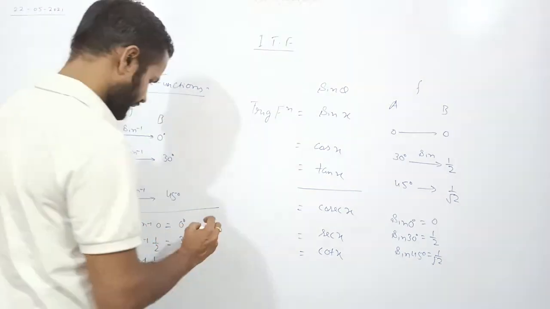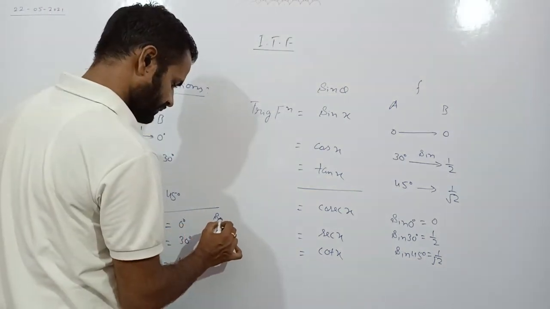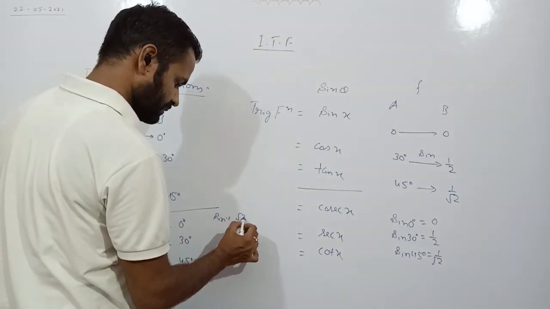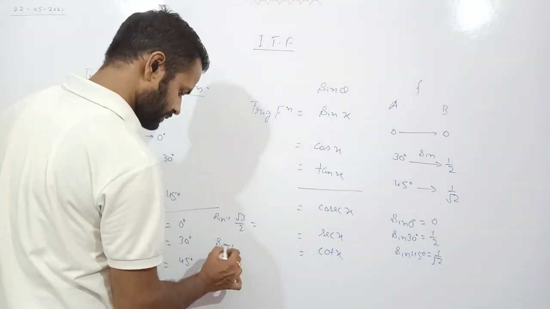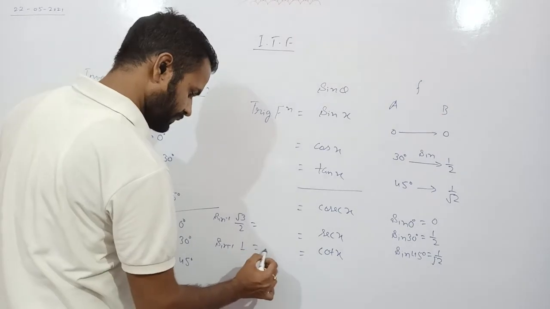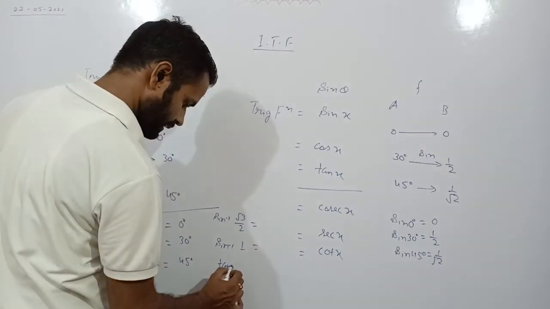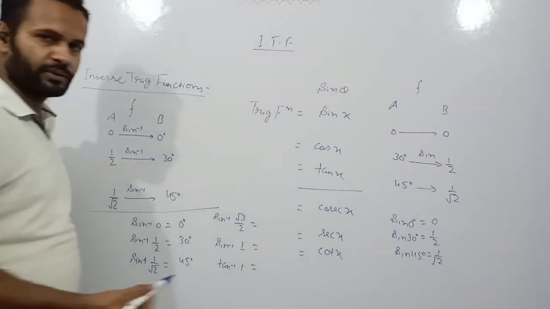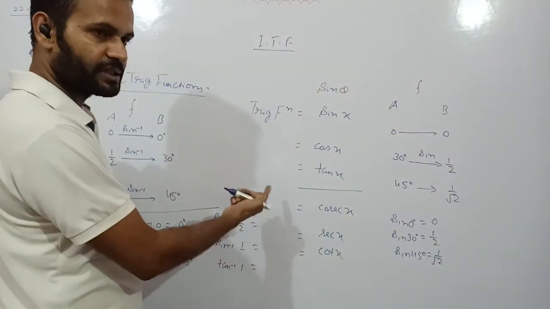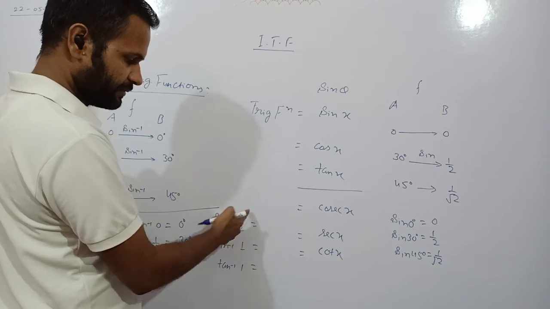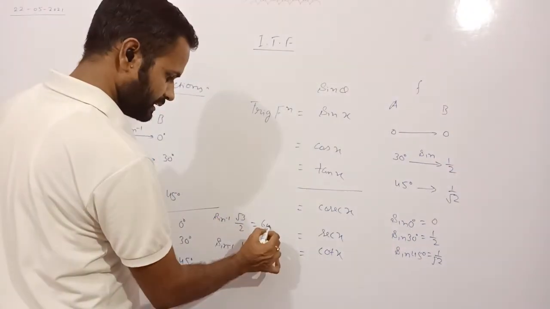So now can you tell what will be value of sine inverse √3/2 and sine inverse 1, tan inverse 1? Now you can better understand for what value of angle, for which angle its sine will be √3/2, that is 60 degree.